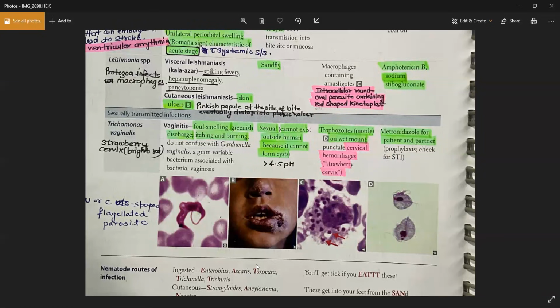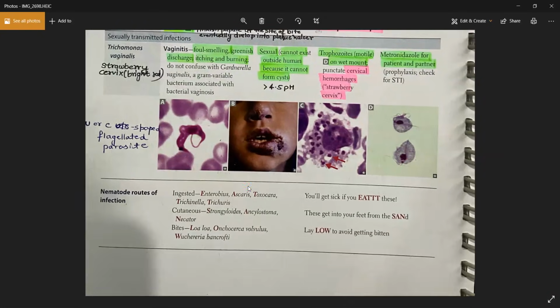Then comes the nematodes and their routes of infection. I have already discussed it in my own paper. In case of the fecal route, it could be E-ATTT: Enterobius, Ascaris, Toxocara, Trichinella, Trichuris. In case of cutaneous, which you get from sand: Strongyloides, Ancylostoma, and Necator. Actually, you get this infection from sand only.